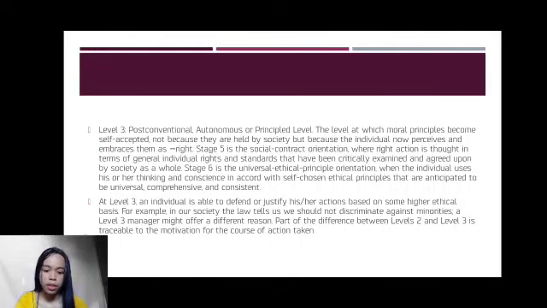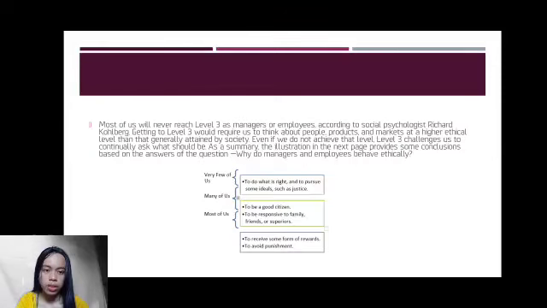For example, in our society, the law tells us we should not discriminate against minorities. A level 3 manager might offer a different reason. Part of the difference between level 2 and level 3 is traceable to the motivation for the course of action taken.